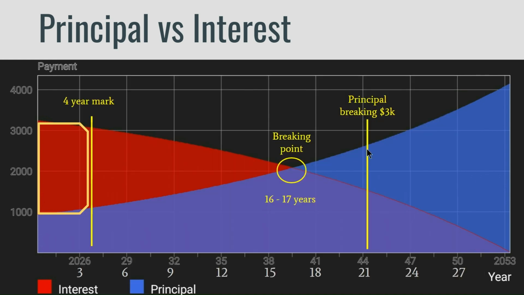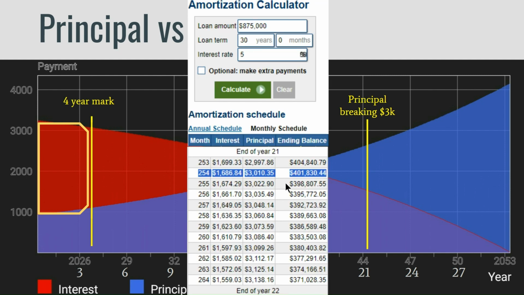So at this breaking marker here, we are actually passing the threshold of $3,000 principal payment. And as you can see, between the year 21 and 22 years, we are actually going to hit a $3,000 principal payment.